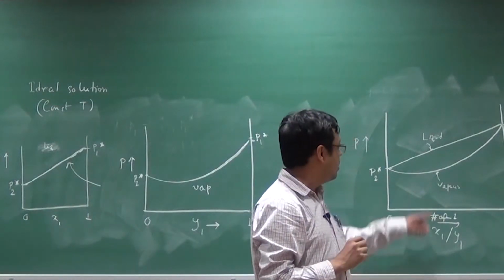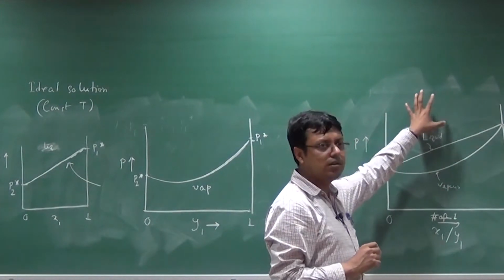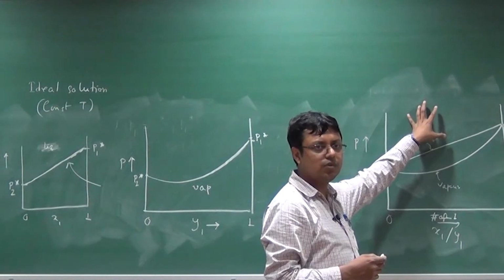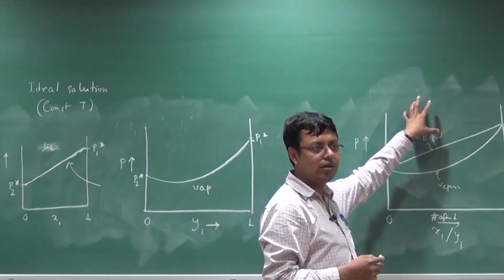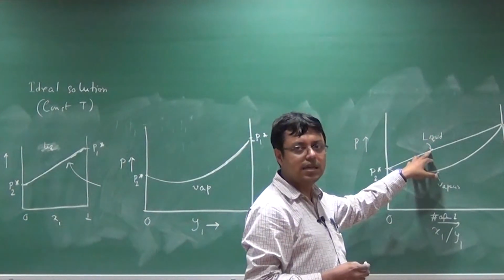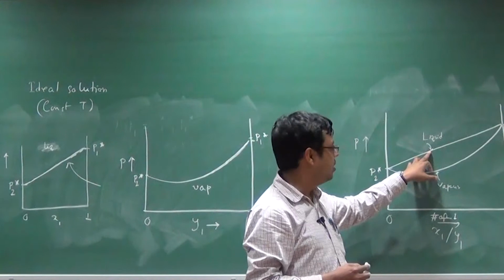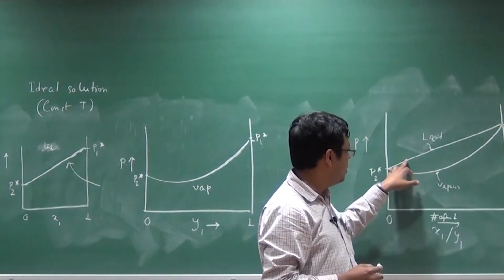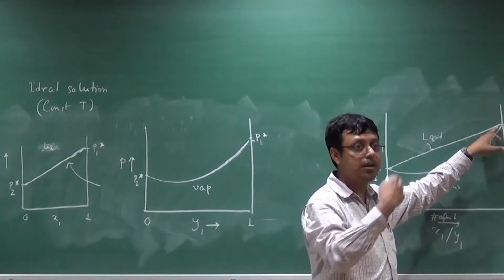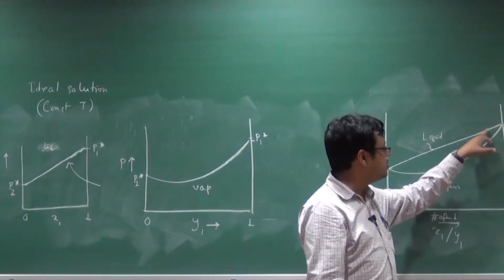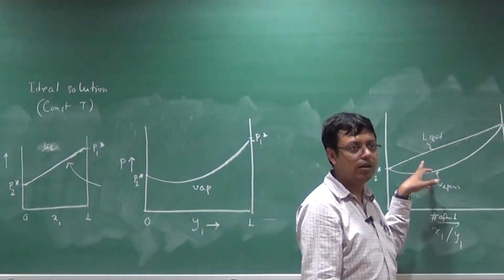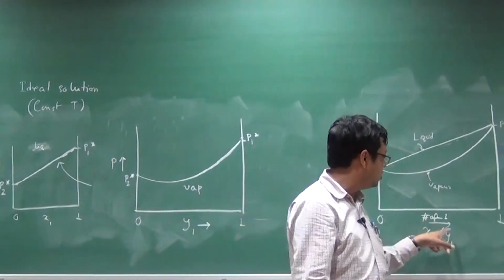Now if you ask what is the most stable thing in this region, this is liquid. It's the high pressure region of the liquid. So if I reduce the total pressure, at some point the variation in the total pressure which I am measuring shows a Raoult's law like behavior, ideal behavior, which is characteristic of the liquid variable, x1.